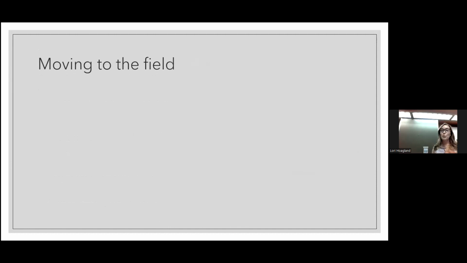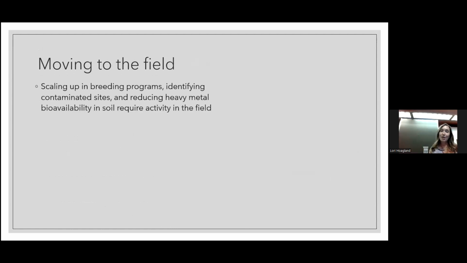So lastly, moving to the field. It's great that we can do all these experiments under very highly controlled conditions and work out these tools. We know that if we're really going to advance our efforts in breeding and understanding how amendments work with different soils, we need to get out to the field.